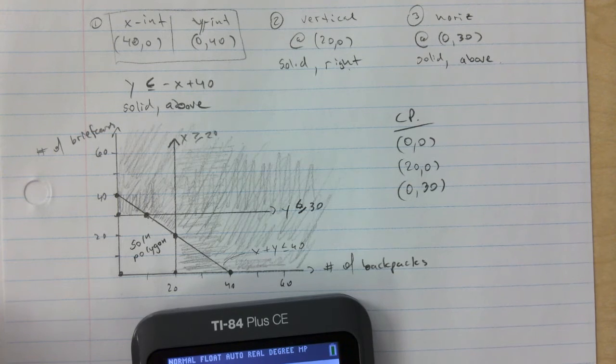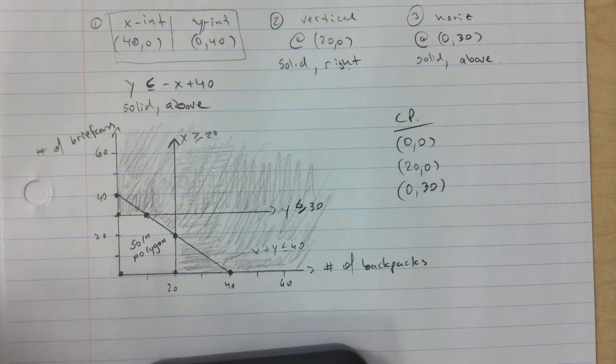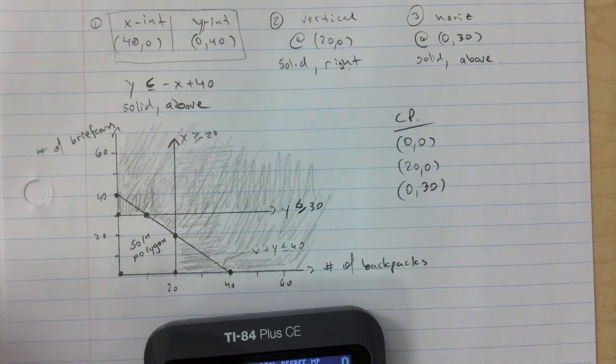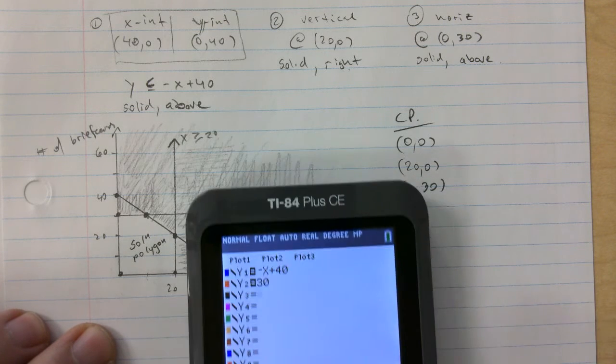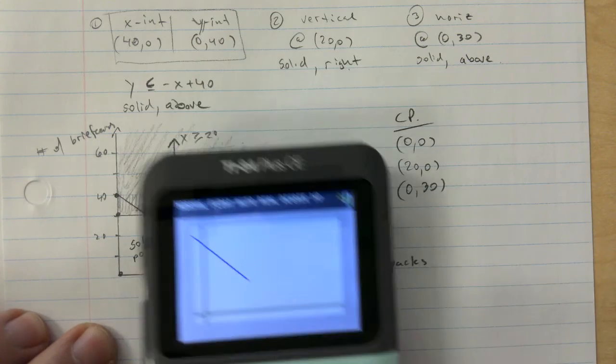So we've got x plus y, negative x plus 40. And then we can't graph the vertical, but we can graph the horizontal, so you graph that.